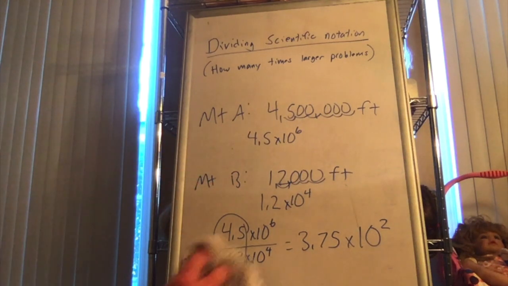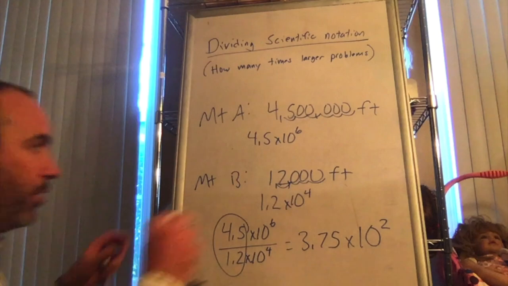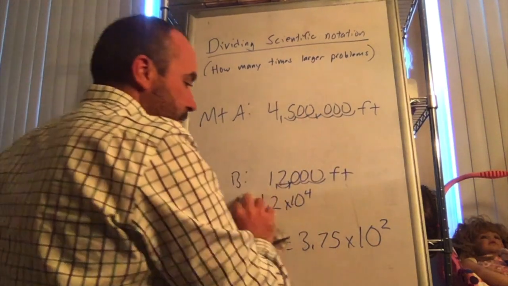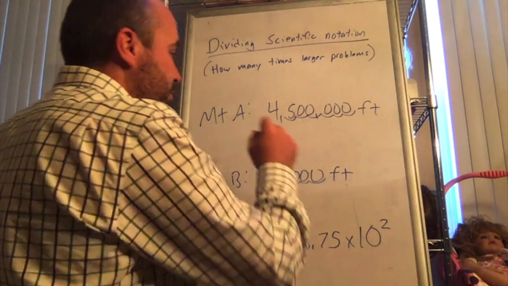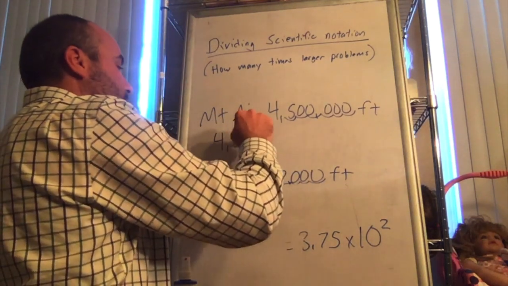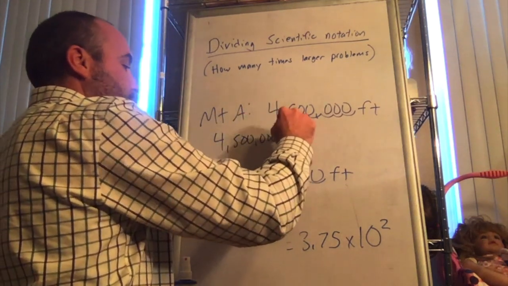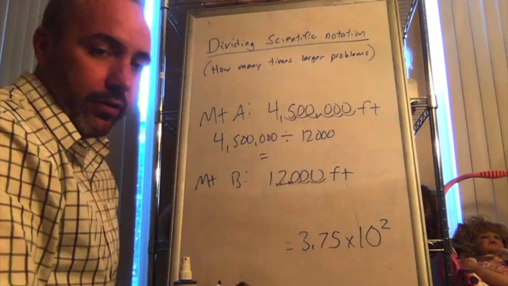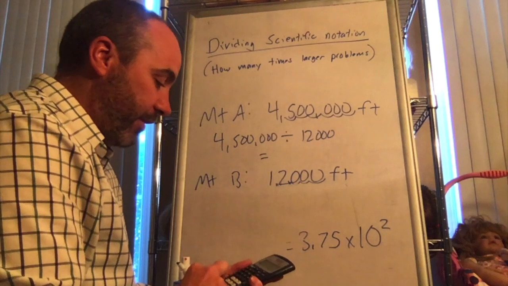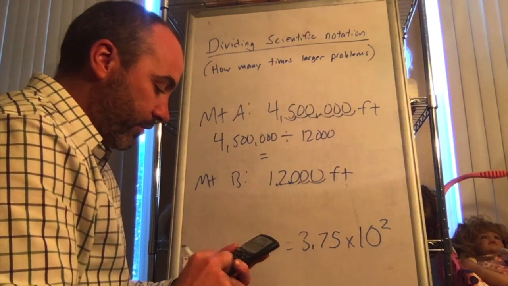Now, what if we didn't want to do this in scientific notation? What if we wanted to just take, I'm going to leave that answer up there for a second, what if we just wanted to take 4,500,000 divided by 12,000? That's perfectly okay. All right, if you did it that way, that's fine. Try to get the correct number of zeros in here.